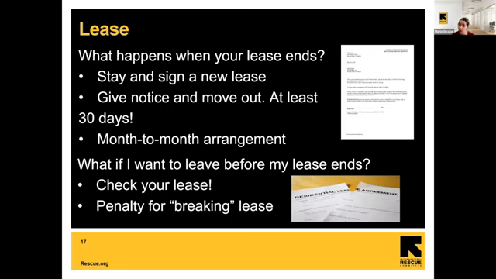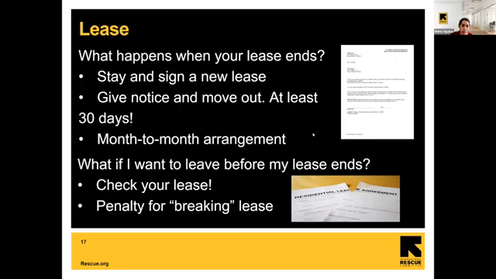Make sure you are reading the whole thing and you understand all of the terms before you sign it, because once you sign it, it is your responsibility to take care of that apartment, and it's your responsibility to pay the rent and meet all those lease terms.